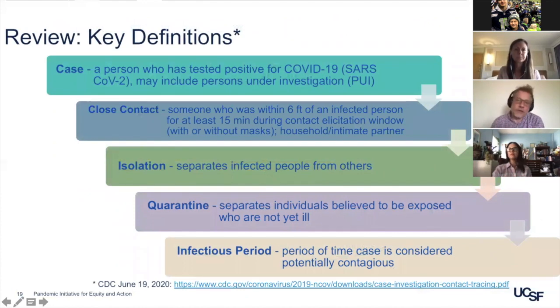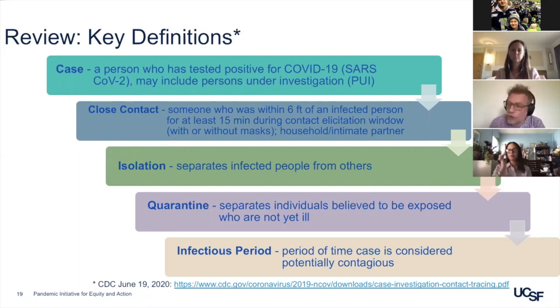So just to review all of these separate steps, the case is the individual who has been diagnosed with COVID-19. Sometimes we think of the case as someone without a laboratory-confirmed diagnosis but a strong suspicion, who is sometimes referred to as a person under investigation, or PUI. But more often than not, the case is somebody who has confirmed COVID based on a lab result.